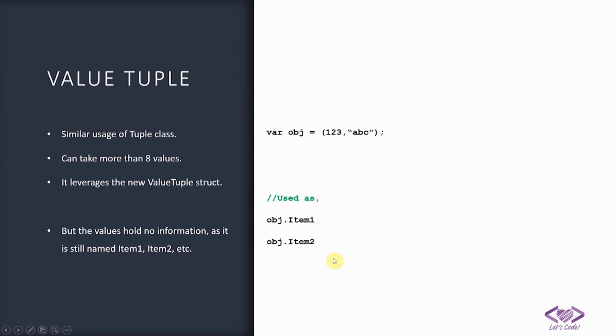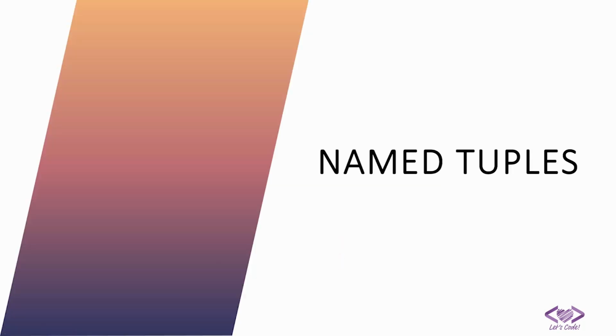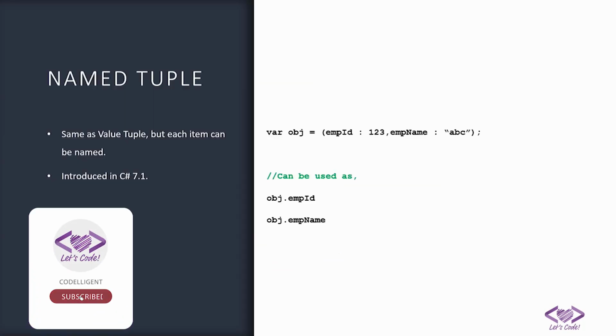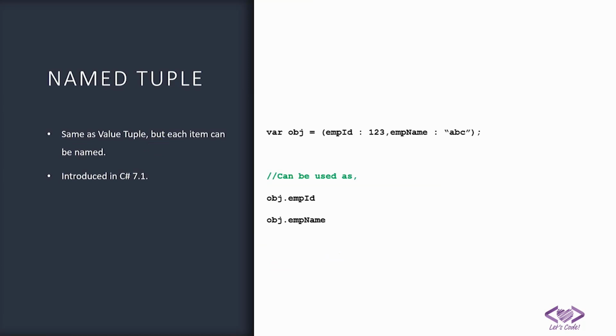So to overcome this, there is a new thing which is introduced, that is named tuples. So named tuples is same as value tuple. The underlying stuff is the value tuple structure itself, not the class, but it has an option wherein you can name these values.